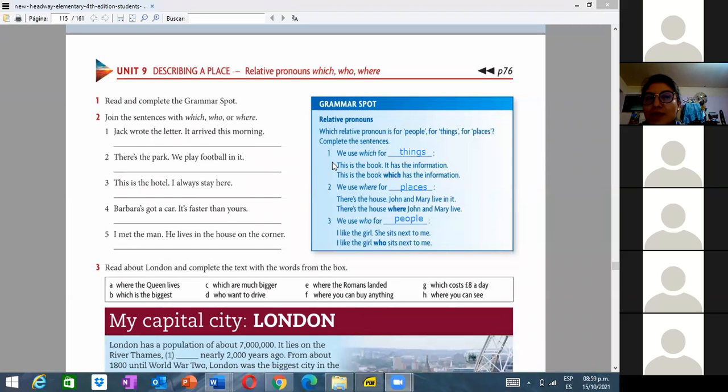Finish? Okay, let's have a look, please, students. We have number 1. Remember, the principal idea of the relative pronouns is that we use them for joined sentences. That's the principal characteristic, right? Let's have a look at the first example. Jack wrote the letter.